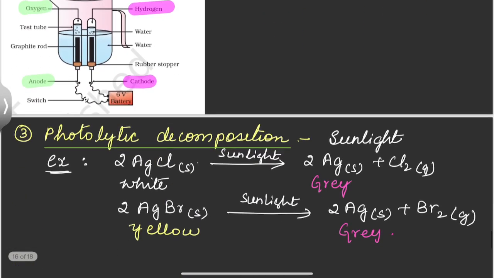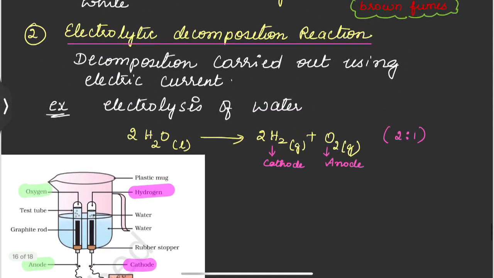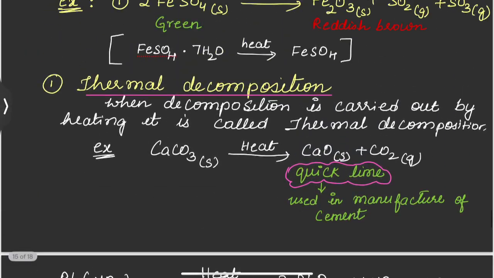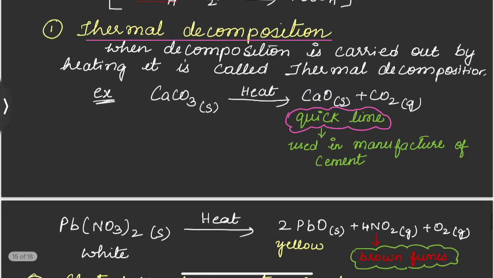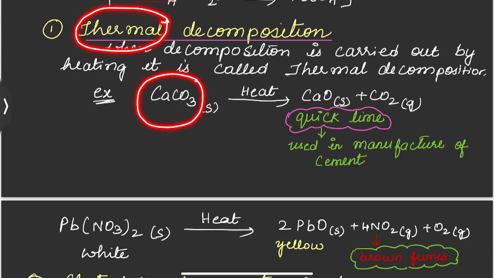If the energy is in the form of sunlight, it is called photolytic decomposition. Depending upon the type of energy used, we classify into three types. The first one is thermal decomposition, where heat energy is used for breaking the reactant into two or more products.